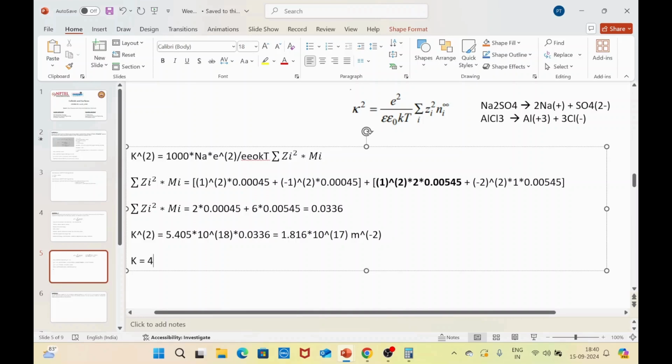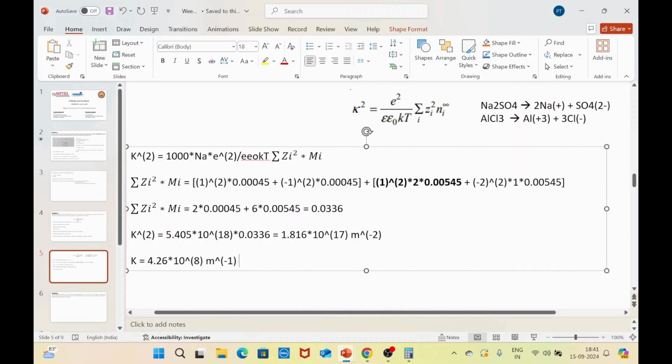That is nothing but 4.26 times 10 power 8 meter inverse. What is the unit of kappa? Meter inverse.